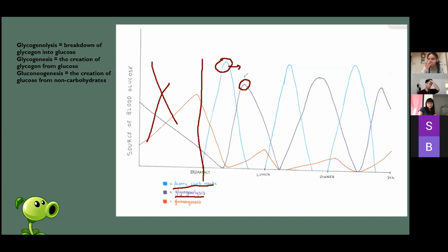So yeah, from dietary glucose to glycogen. Then after that, you've run out of glucose and you run out of glycogen. That's when you start to rely on gluconeogenesis, so the thing that we were talking about before. So you might rely on proteins and all that. Obviously you don't really want to get to this stage because you might lose some muscle and all that. Yeah, so that's basically.